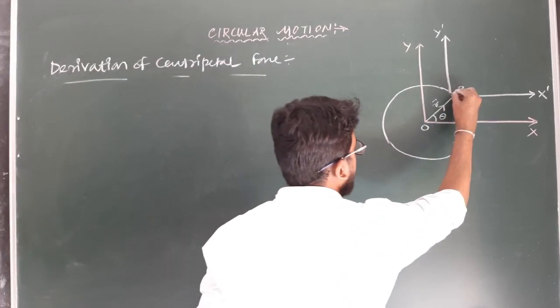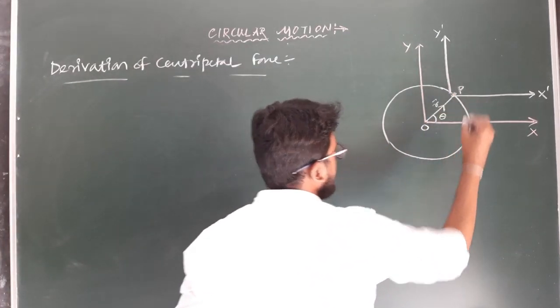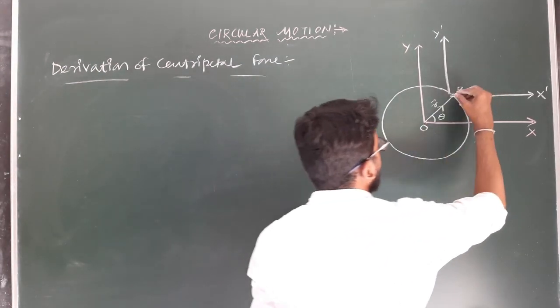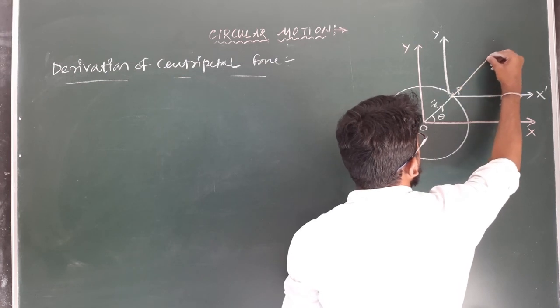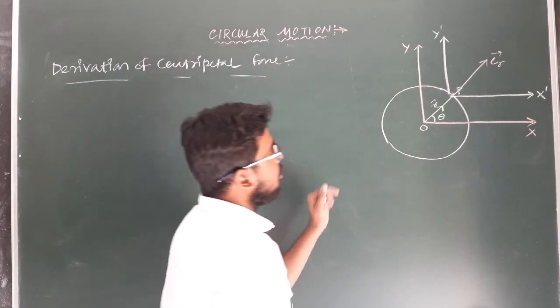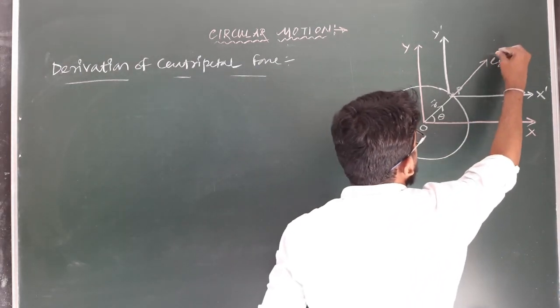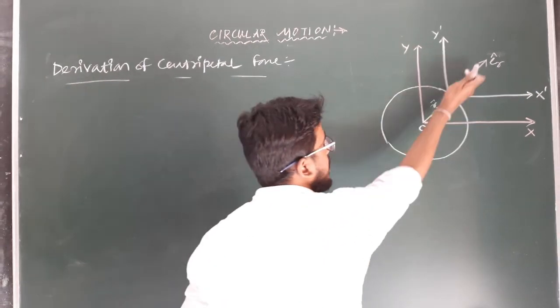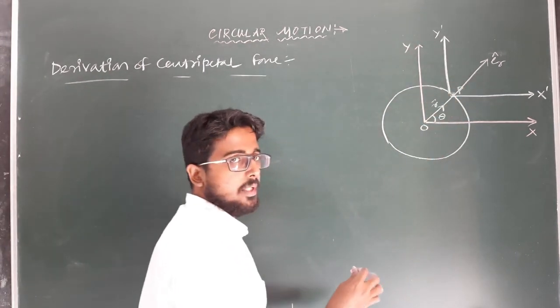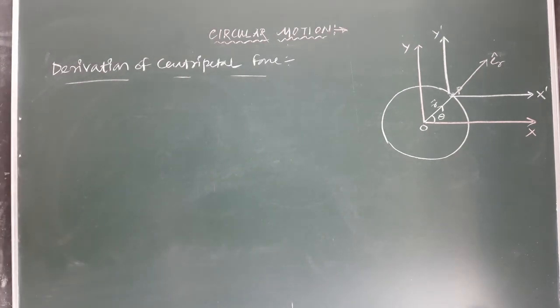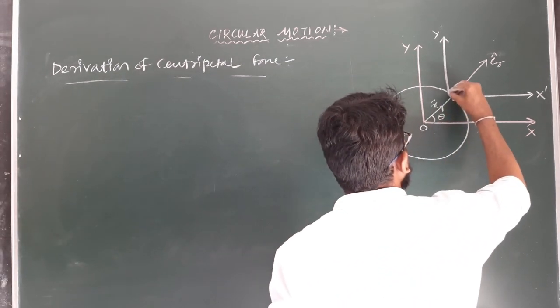So at this point P, the radial vector r is along this direction, so I am assuming a unit vector which is along this radial vector like this. Let this vector be ER vector, clear, the unit vector or ER cap, okay, it's a unit vector which is along the radial vector or along the radius or the position vector of the particle P, and at the same instant I am assuming another unit vector which is along the tangent, okay, like this, along this direction.